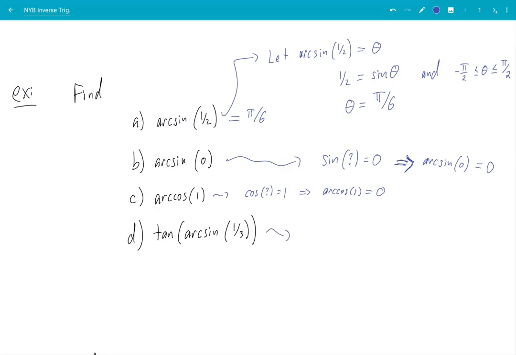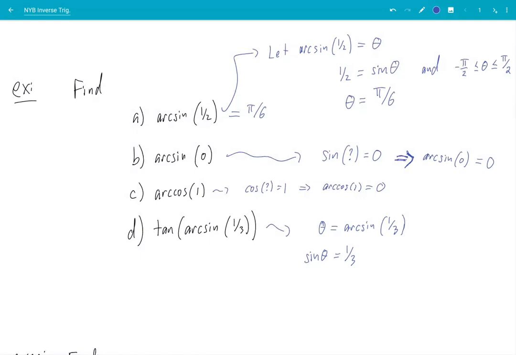So what you can do here is say theta is equal to this arc sine, as we did above up here, and then sine theta is a third, and then you say to yourself, well, what triangle does that give me?